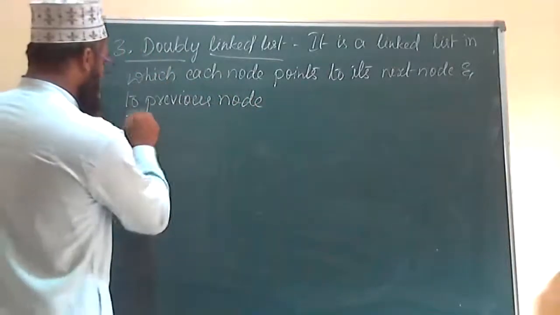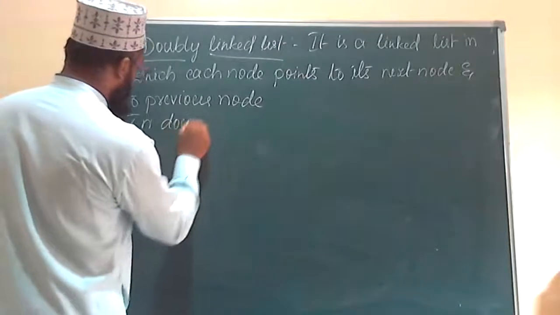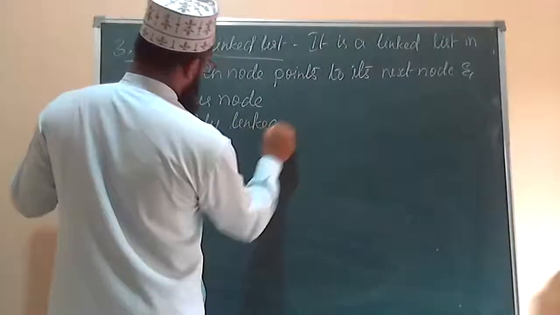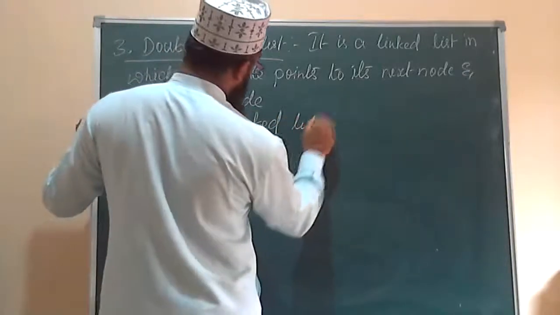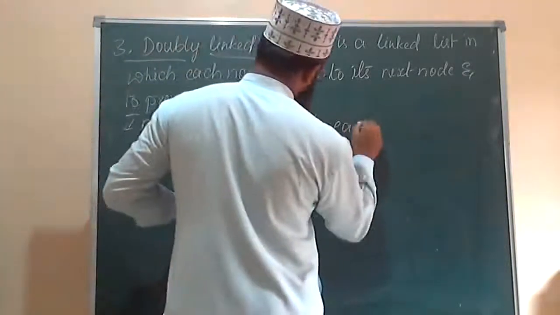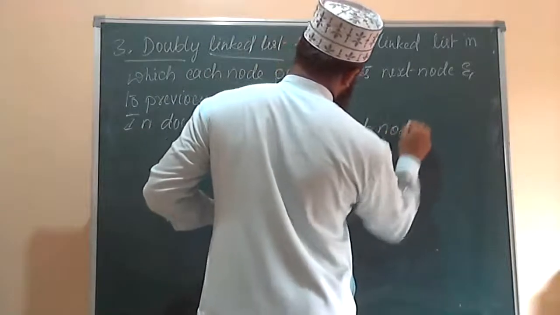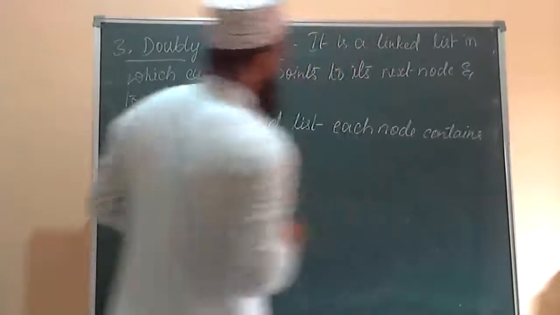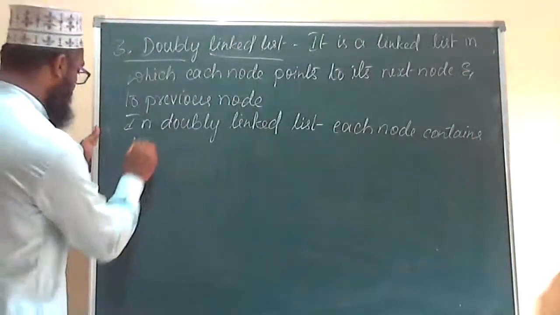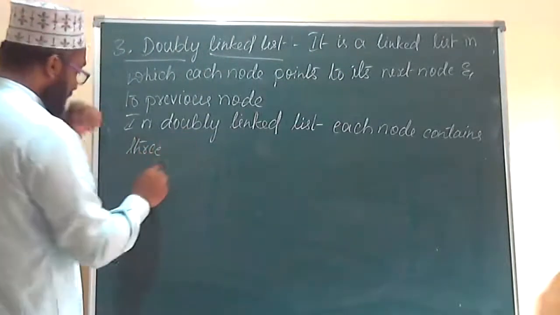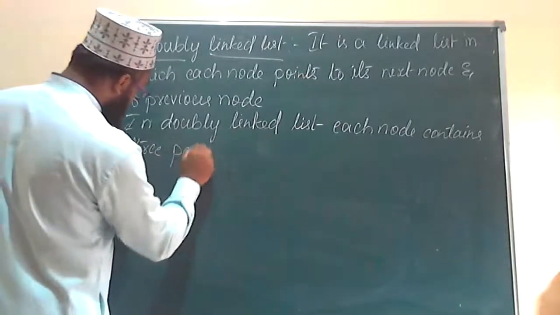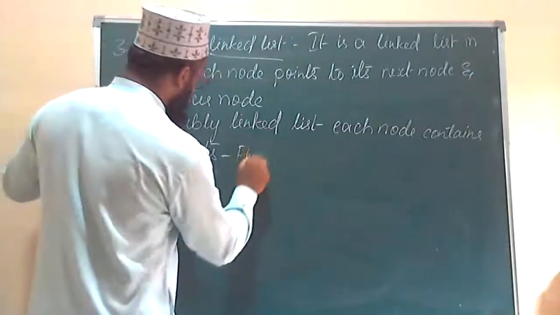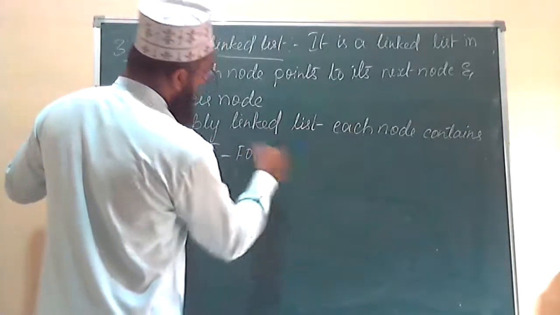In doubly linked list, each node contains three parts. What are these three parts? The first one is forward, FORW.